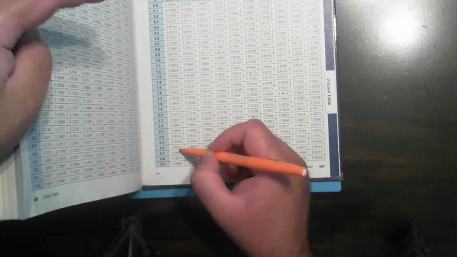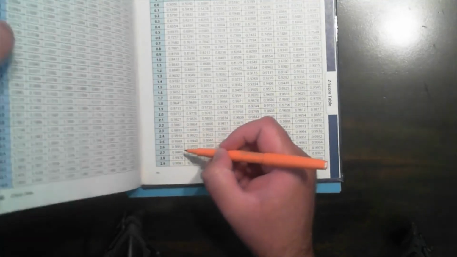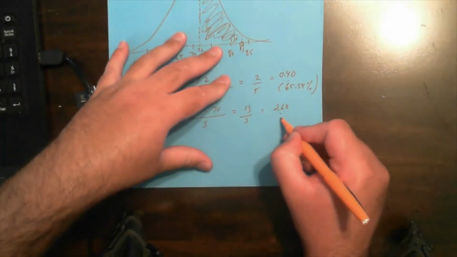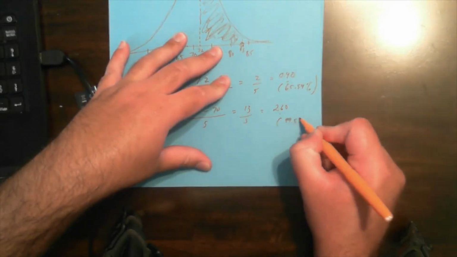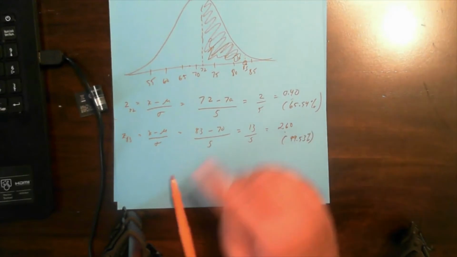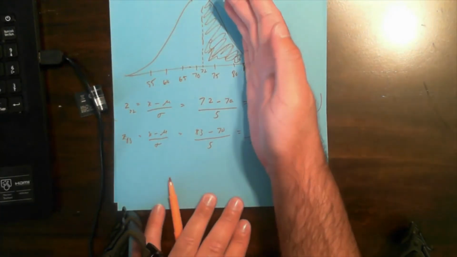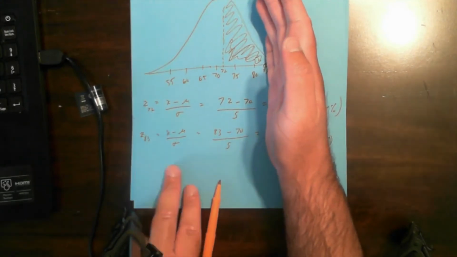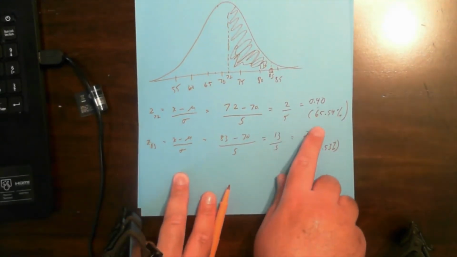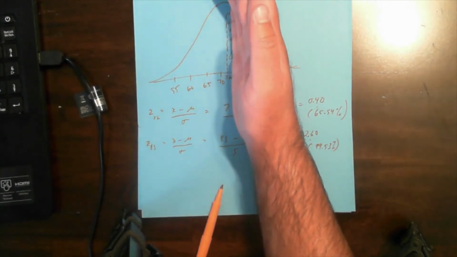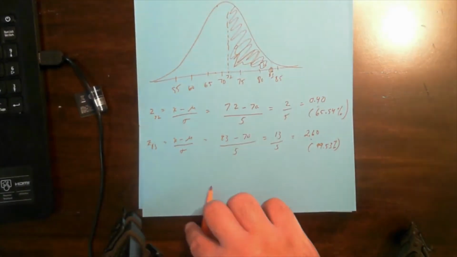So 0.9953, so that would be 99.53%. So what these numbers tell me is that below 83 are 99.53% of the students that wrote the test, and below 72 are 65.54% of the students that wrote the test.